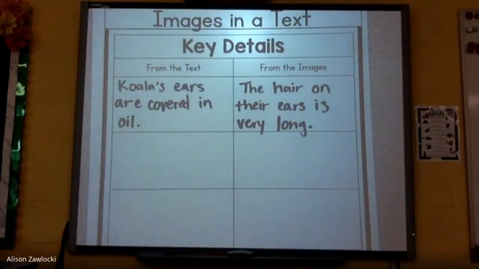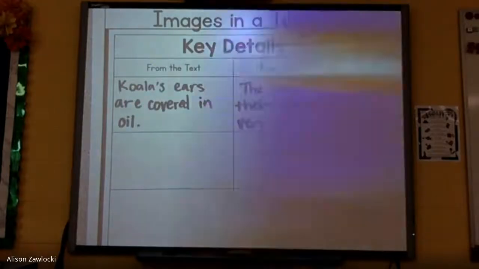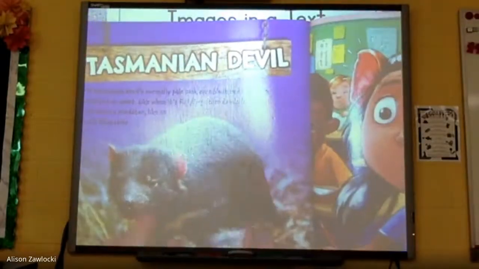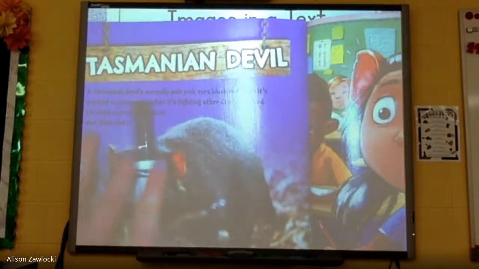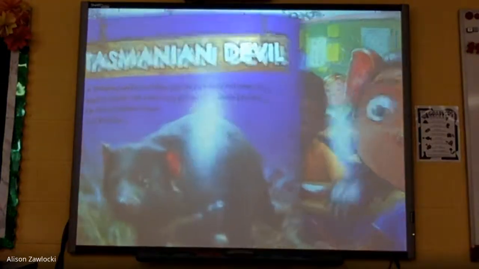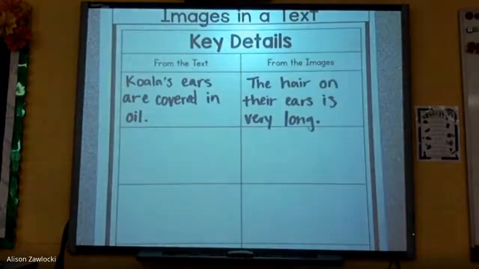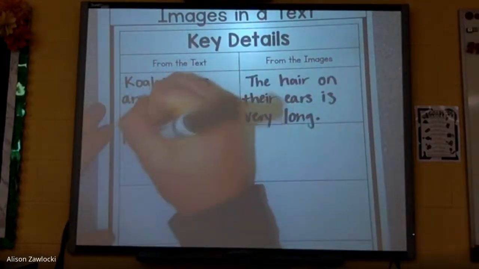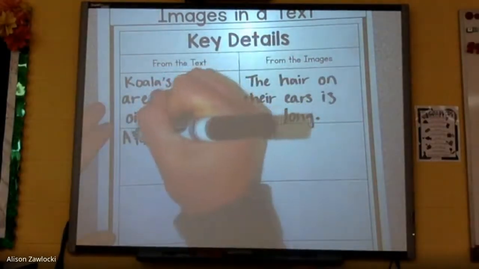Let's pick another one. Ooh, we have the Tasmanian devil. I'll read this to you one more time. A Tasmanian devil's normally pale pink ears blush red when it's excited or upset. Ooh, okay, so a Tasmanian devil's ears turn red when it is upset. A, that needs to be capitalized.